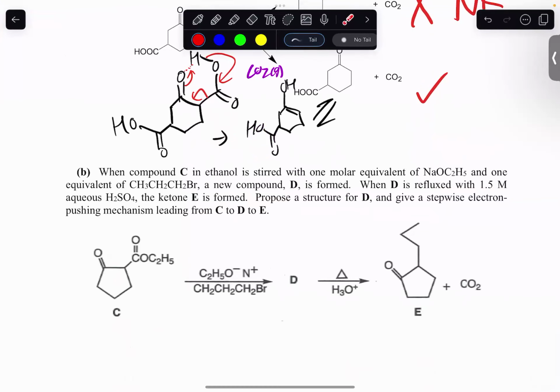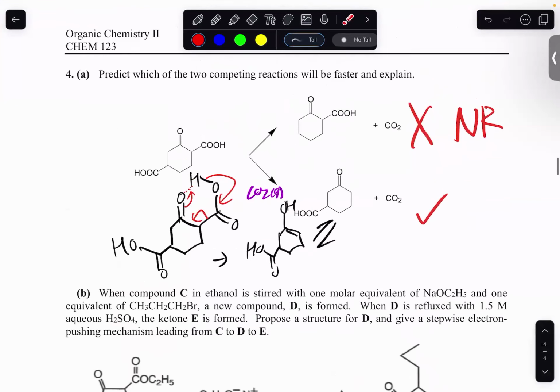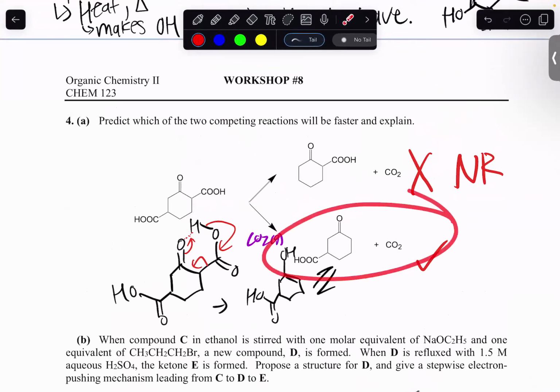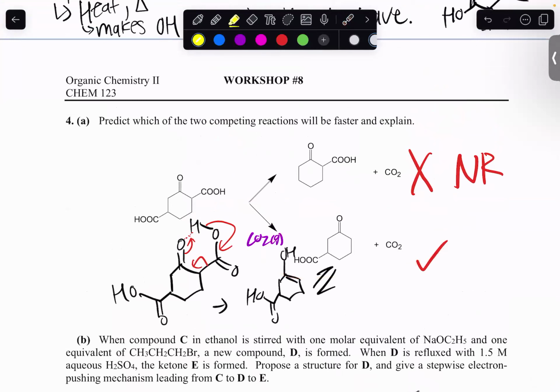Wait, so can you go through overall how you would answer that question? Predict which of the two competing reactions will be faster and explain. So I would choose the bottom one because that carboxylic acid is alpha to the carbonyl and it could do hydrogen bonding between the carboxylic acid and the carbonyl oxygen, where that hydrogen bonding can do decarboxylation and emit carbon dioxide.